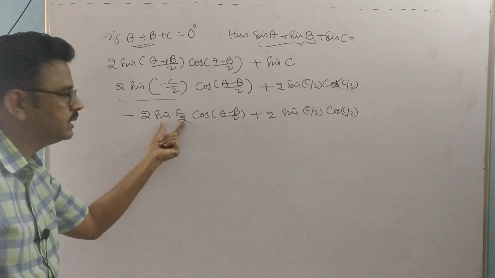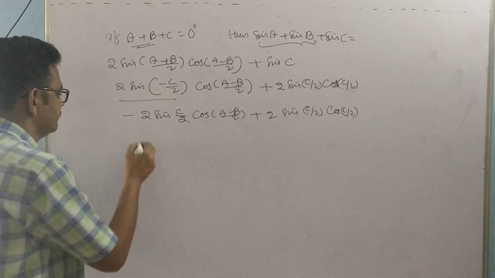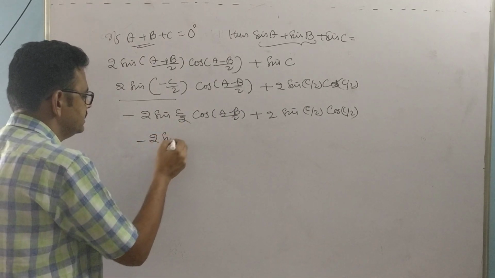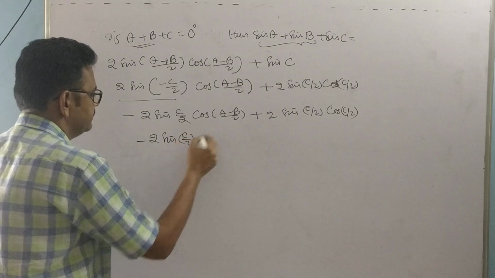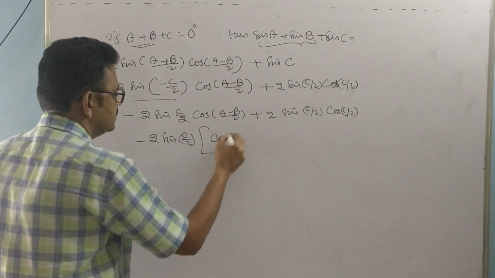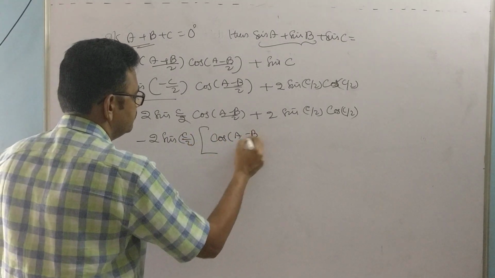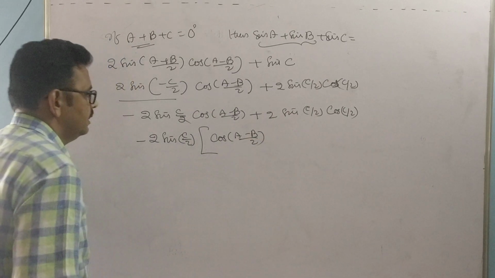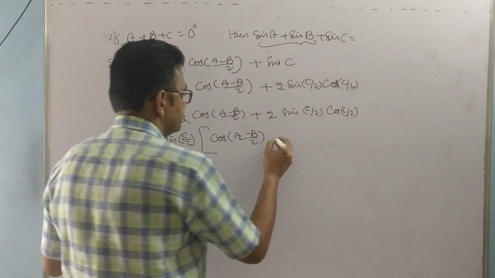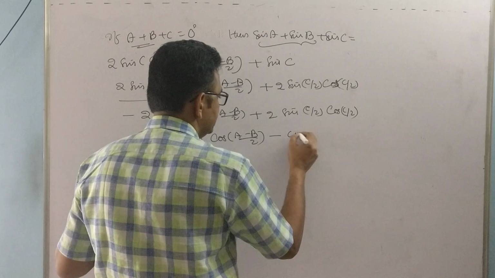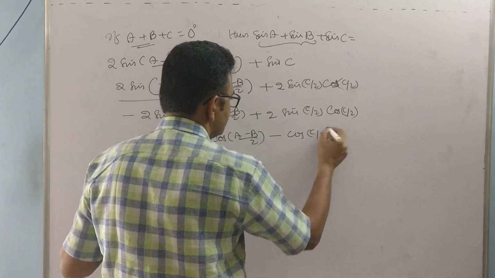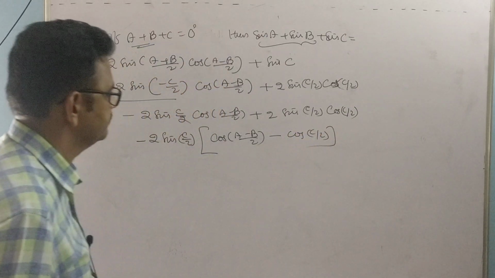Taking minus 2 sin c by 2 common, we get cos of (a minus b) by 2, and minus taken common, this becomes minus cos c by 2.